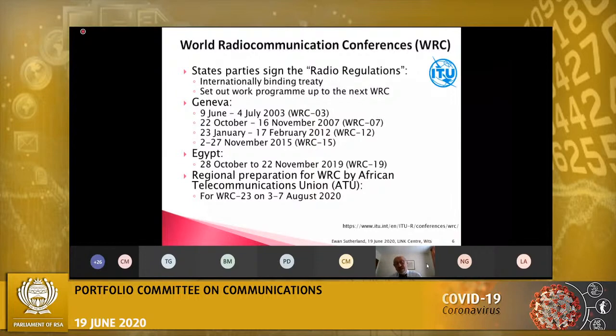So a big chunk of the work there will be setting out what they should do in preparation for WRC 2023. So this is a constant refurbishing, looking at which areas of spectrum are being used, which are being used well, less well, what has to be changed, what are the new technologies which are available. And the new technologies typically mean that you've got more throughput, that you can compress the radio transmissions, you can do more, therefore you need less space for traditional broadcasting.